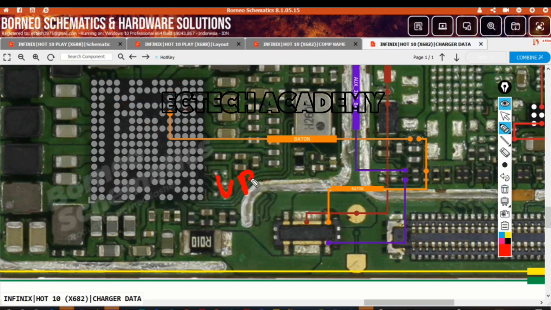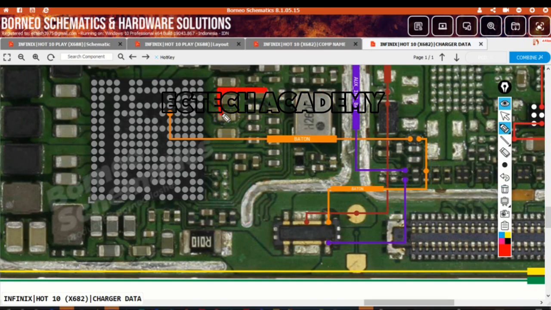In the VPH line we have like 5 volts, and this VPH is the input voltage for the power IC. In that case we need 3.7 volts to 4.2 volts to go to the power IC and other mobile sections through the VPH line.